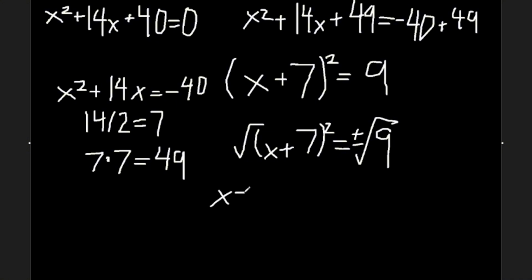After we do that, we get x plus 7 equals positive or negative 3. So now we have to transpose the 7 so we can solve it with positive or negative 3. x equals negative 7 plus 3.